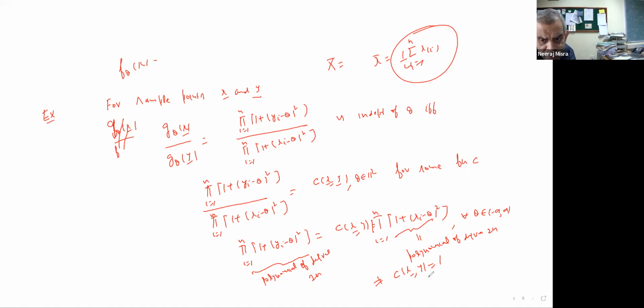So c(x,y) is 1. Once you have proved that c(x,y) is 1, you conclude that the product i equal to 1 to n of 1 plus yi minus theta whole square is the same as the product i equal to 1 to n of 1 plus xi minus theta square.